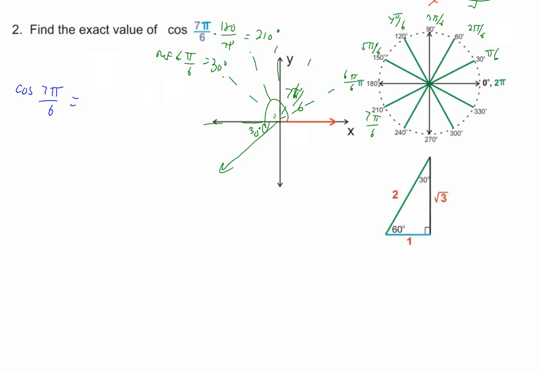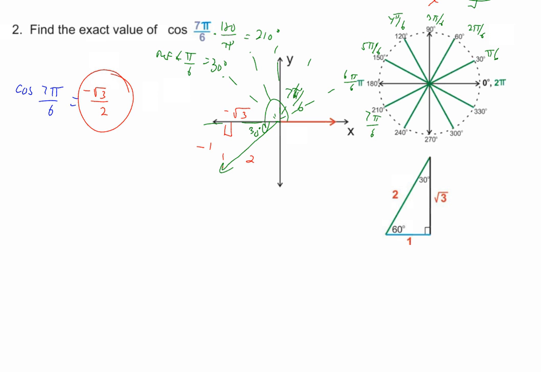Careful with your positives and negatives. All right, cosine what? Adjacent over hypotenuse, and so square root of 3 over 2, negative square root of 3 over 2. How many got that?